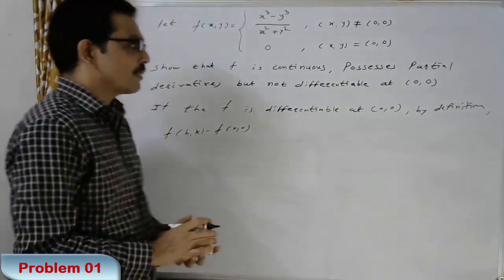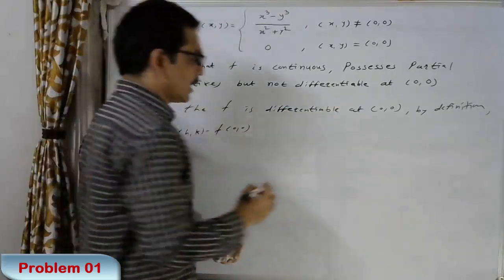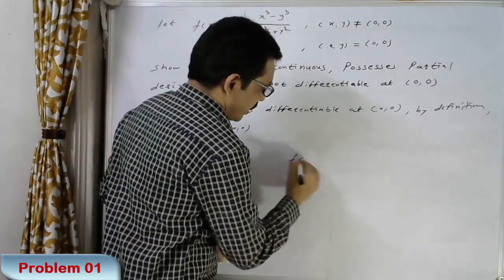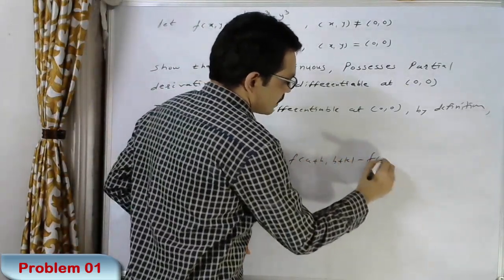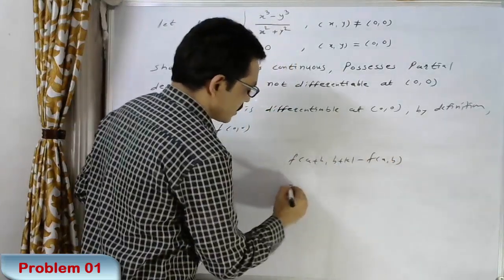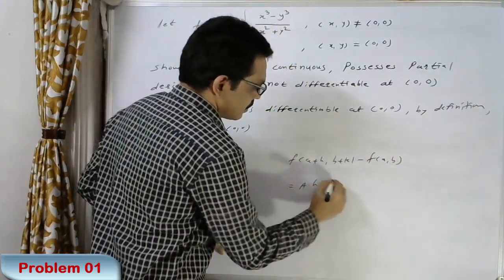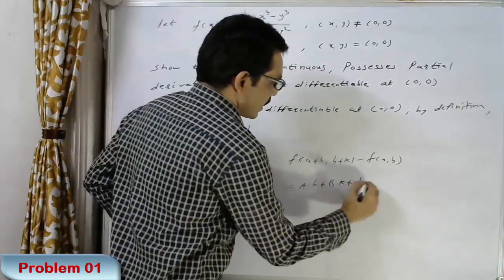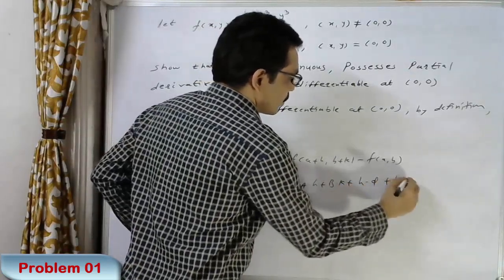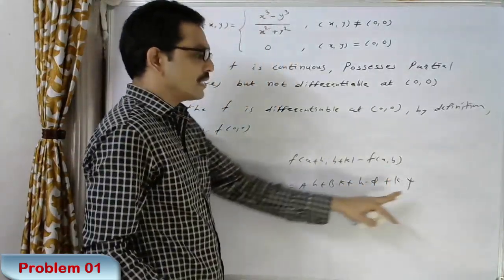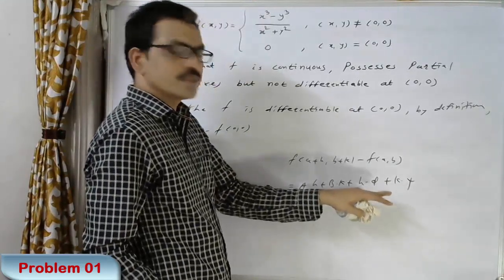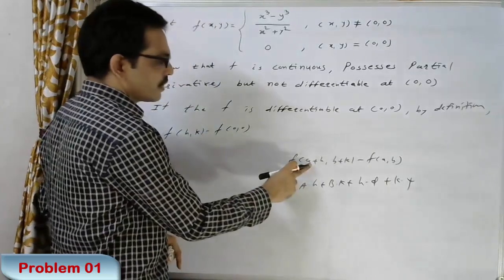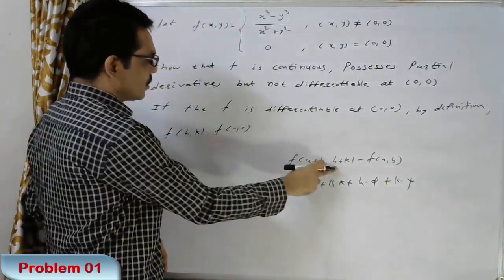If the function f is differentiable at the point (a, b), then we write f of (a plus h, b plus k) minus f of (a, b). This difference is equal to a into h plus b into k plus h into phi plus k into psi. Phi and psi tend to 0 as the ordered pair (h, k) tends to (0, 0). Here, a is equal to 0 and b is equal to 0.